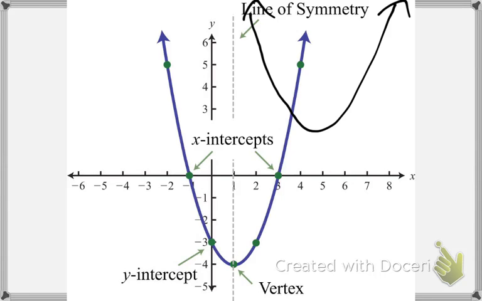Similarly, it is possible to have a concave down parabola entirely below the x-axis, in which case, when you sub in y equals 0, once again, there will be no solutions.